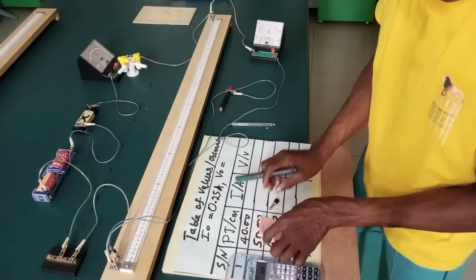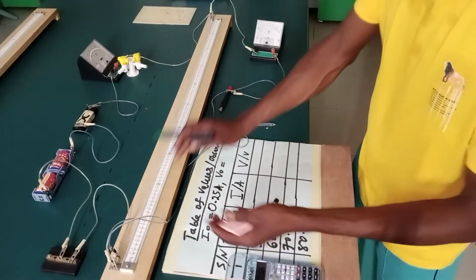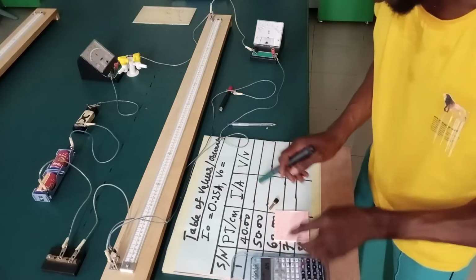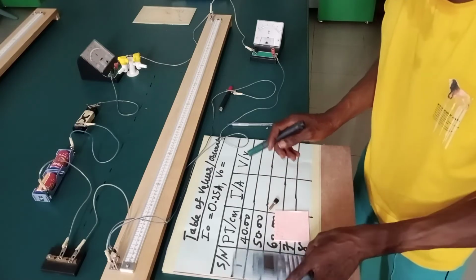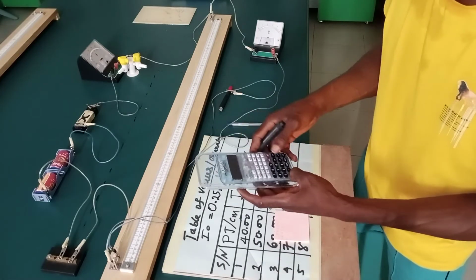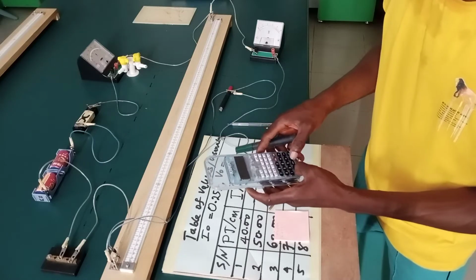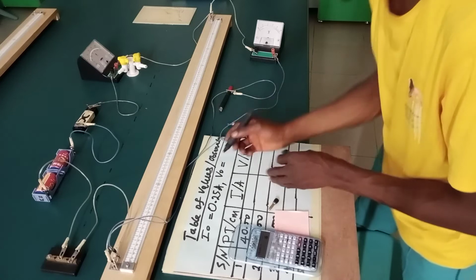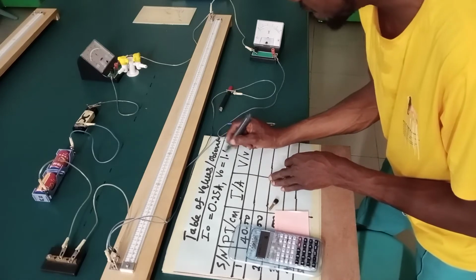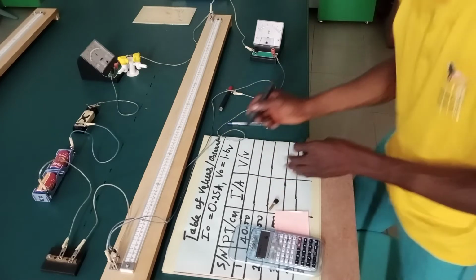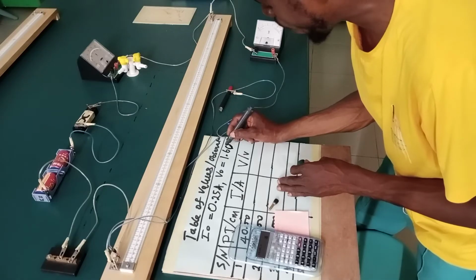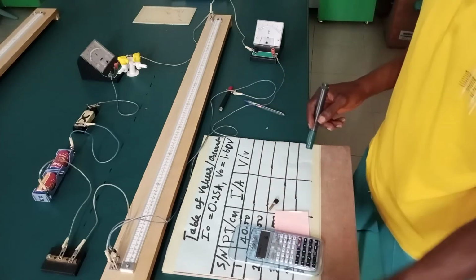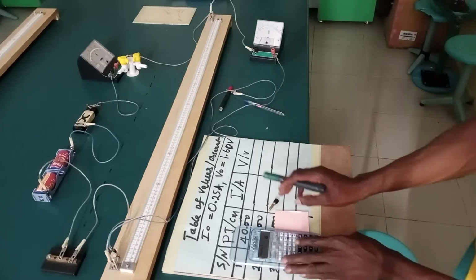So the peak voltage when the jockey was not in contact here was simply what? 16 times 0.1. So we have 1.6 volts. So write 1.60 volts. This is exactly what the examiners will want you to do.